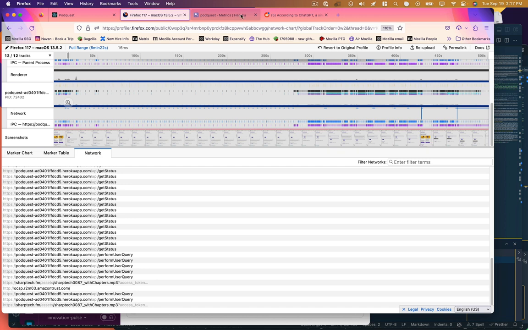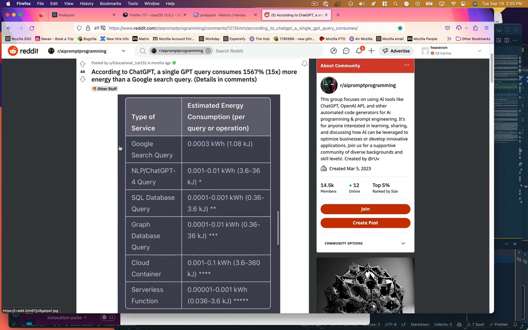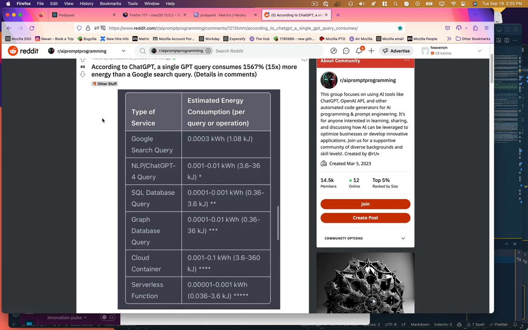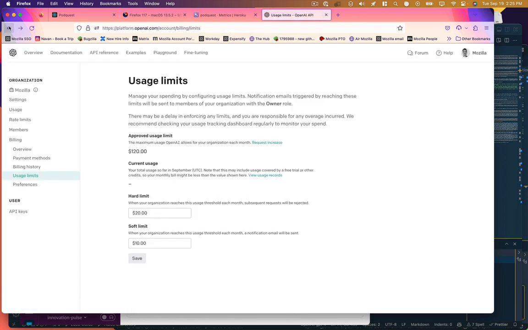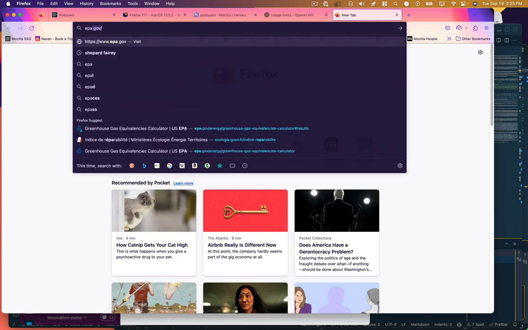We have some rough figures that people have posted in forums like Reddit on what these queries cost. We obviously have the price that OpenAI charges us. We learned a little bit about what a Google search query consumes in terms of energy versus what OpenAI and ChatGPT consumes. We learned where to find out what your energy costs you on average.